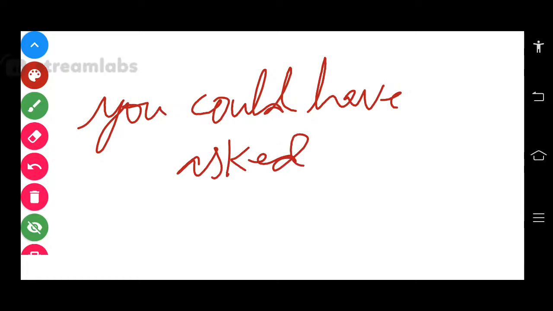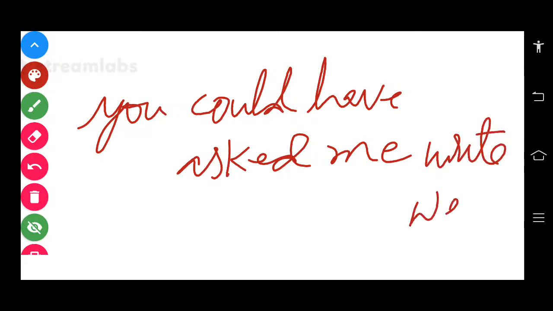Tell me, what is the passive sentence of this? You could have asked me, write well. Now, what is the correct passive sentence of this? Try to answer. Everyone must answer. I'll give you clues.